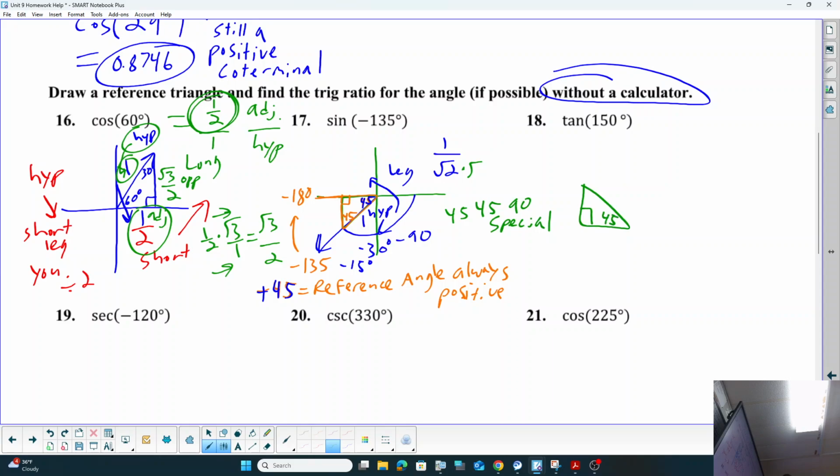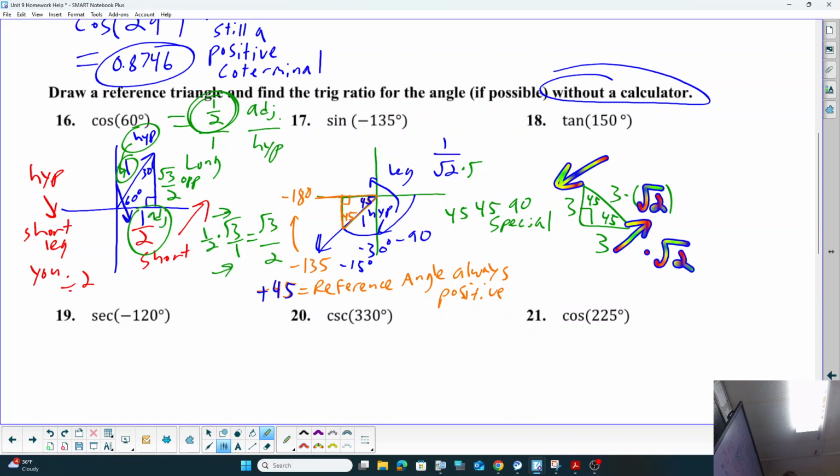If you're going from the leg to the hypotenuse, you times it by that special number, which is radical 2.